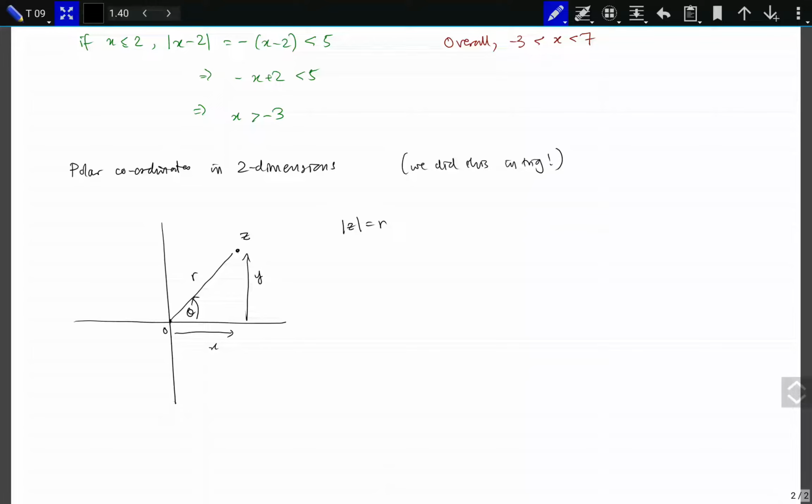So we have two different ways of representing the point z, which is a point in the plane, either traditionally as x comma y, or as r cos theta, r sine theta. This is the rescaling. Remember that the base is r cos theta, and the height is r sine theta.